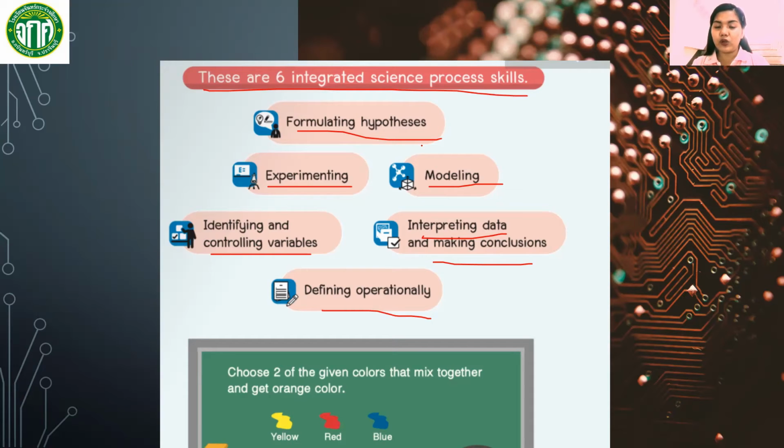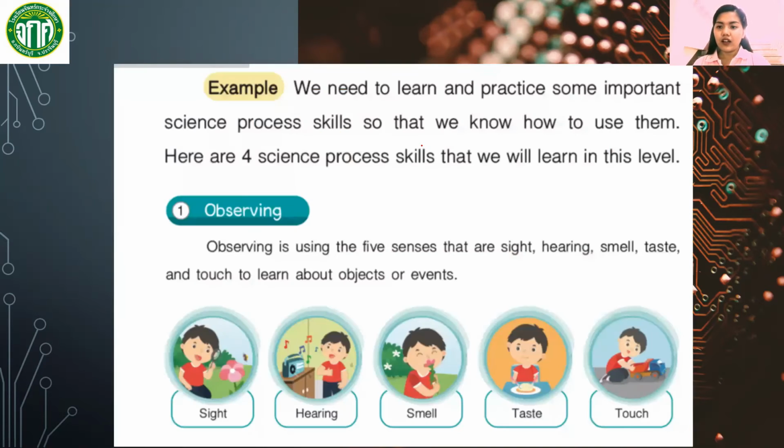Now let's further look into it. Let's see the definition of each process skill. We have here examples. We need to learn and practice some important science process skills so that we know how to use them.